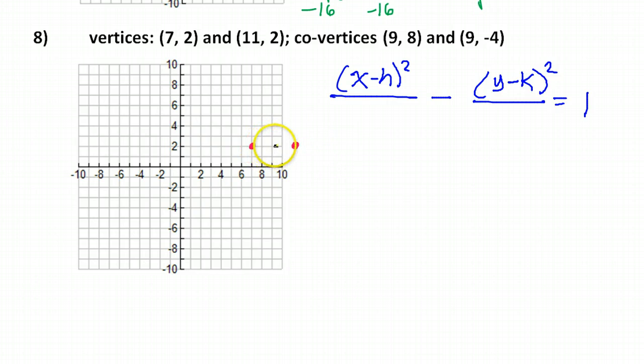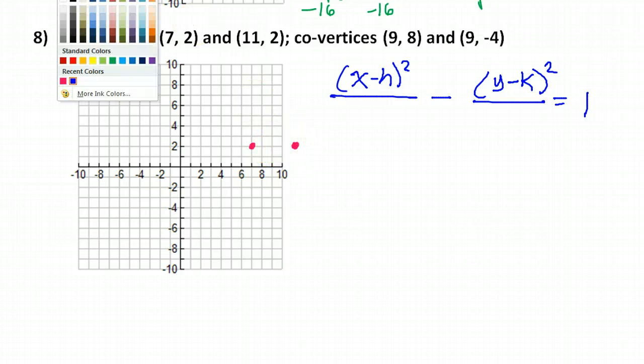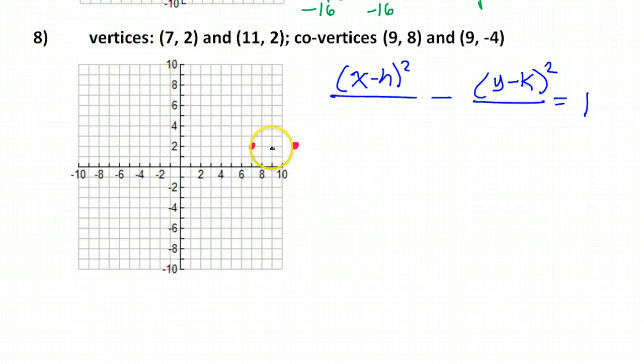This is 1, 2, 3, 4 apart, so the center should be halfway between. So here's my center right here. My center is the point 9, 2. That gives me my h and my k, the 9 and the 2.